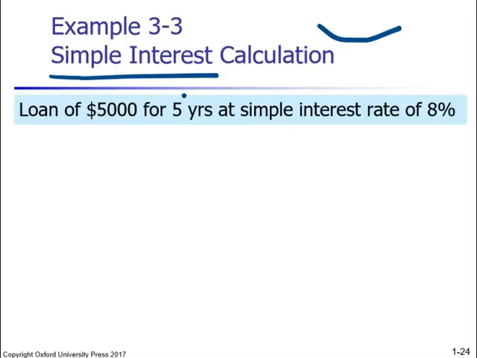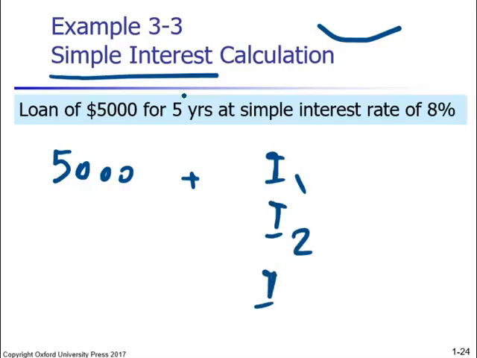Loan of $5,000 for 5 years at simple interest. So you are not going to get interest over the interest, because when you put this $5,000, of course after 1 year you get interest. At the end of year 2 you get interest, but you are not going to get interest over I1.